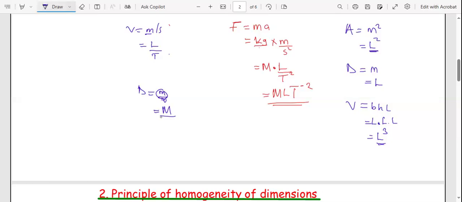All those are just dimensions under L, so we'll say L cubed. So the dimensions for density will be M, then L to the power negative 3, like that. Okay, so that is it about dimensions, all right?